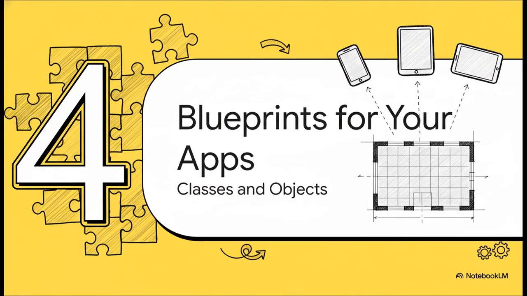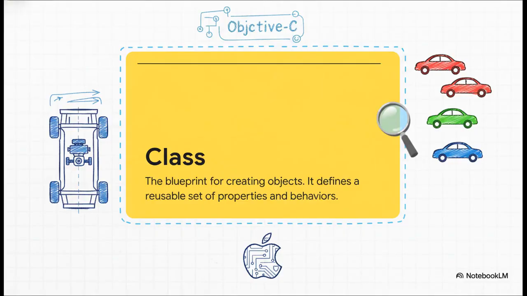Now, this whole philosophy of being clear, it goes way deeper than just the words you type. It's baked into the very structure of the language. And that brings us to the heart of object-oriented programming, using classes as the blueprints for everything inside your app. Here's the best way to think about it. A class is like an architect's blueprint for a car. The blueprint itself, well, it isn't a car, right?